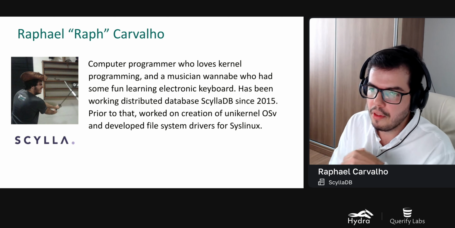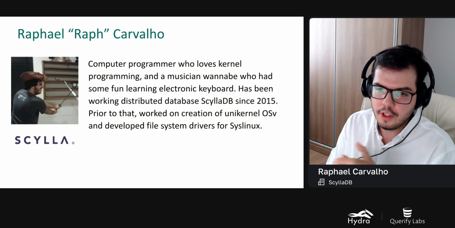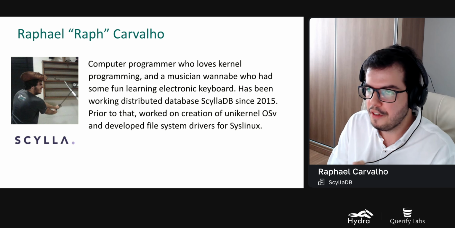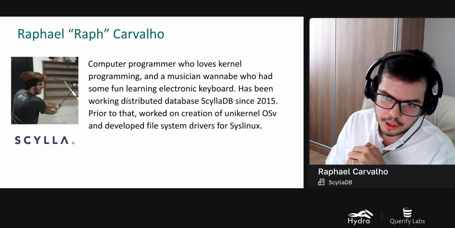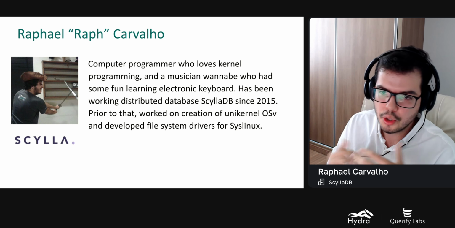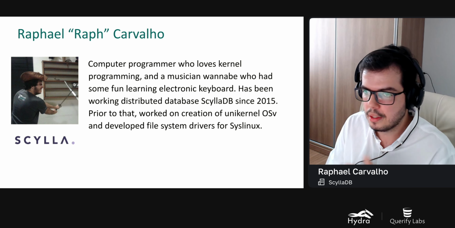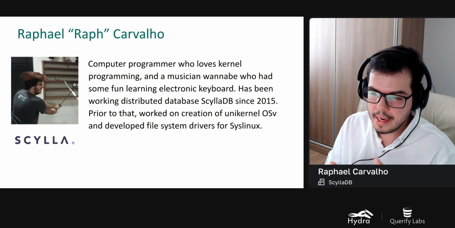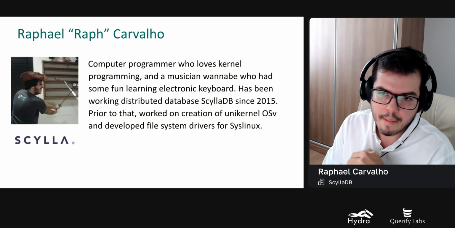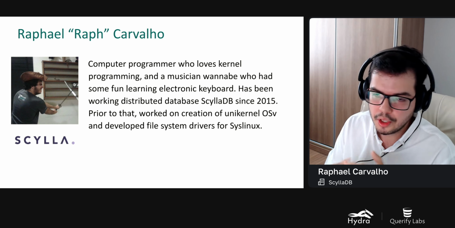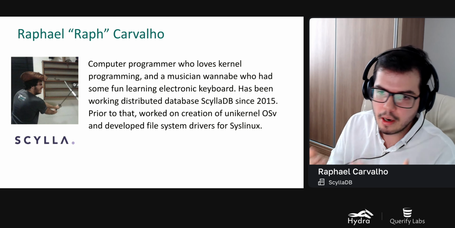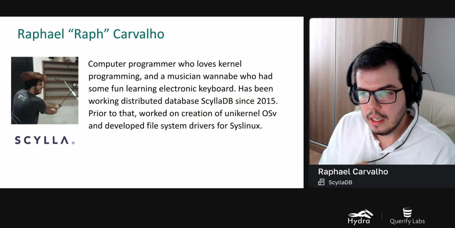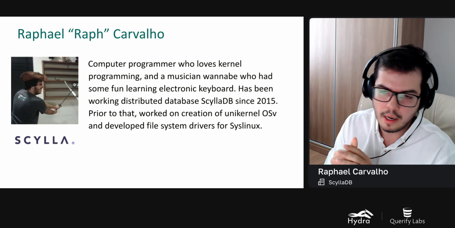But then we found out that we would like to work on a distributed database, because in OSv we found inefficiency in Cassandra, and then we decided to implement a Cassandra-like database from scratch, with the API being compatible and also reusing the storage format. That's why we use the LSM-tree, and the storage format is the SSTable, like Cassandra.